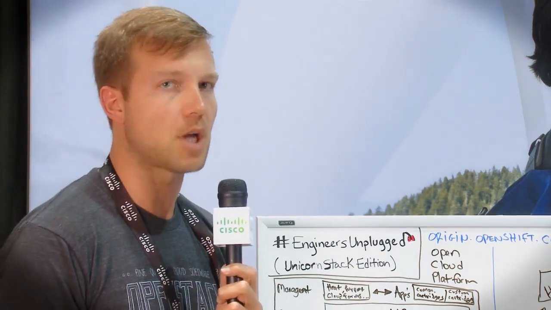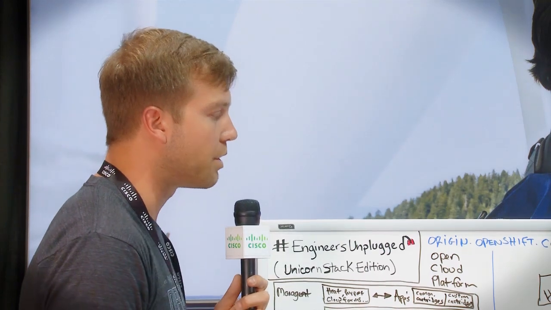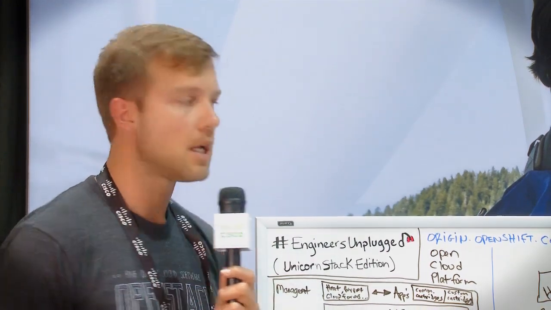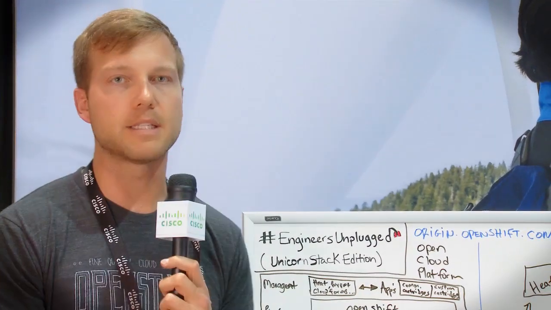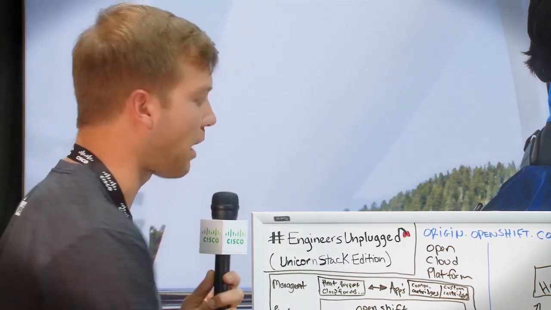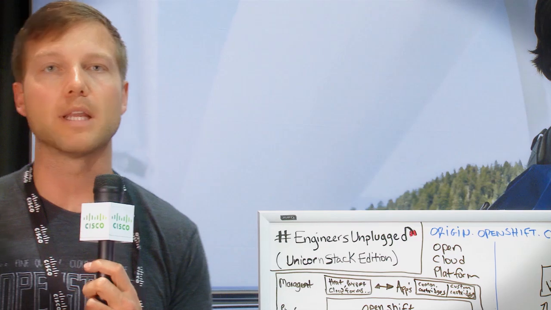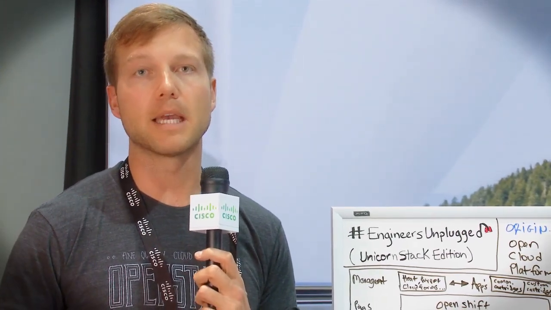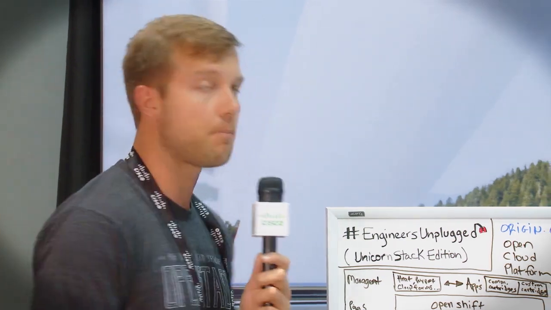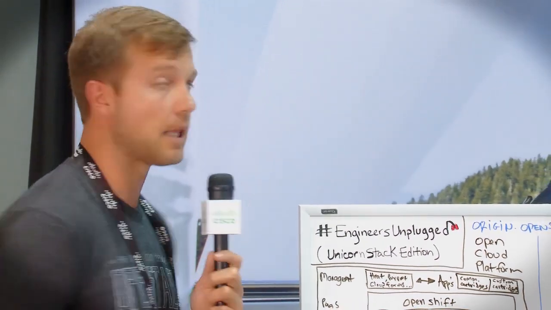So just to talk a little bit about what we're doing here at Cisco, I've broken our ideas down into 4 quadrants. In the upper left-hand quadrant, you'll see Open Cloud Platform. So that's really what I'm working on and what some of my teammates are working on as well. And I break down the Open Cloud Platform into a few different layers.